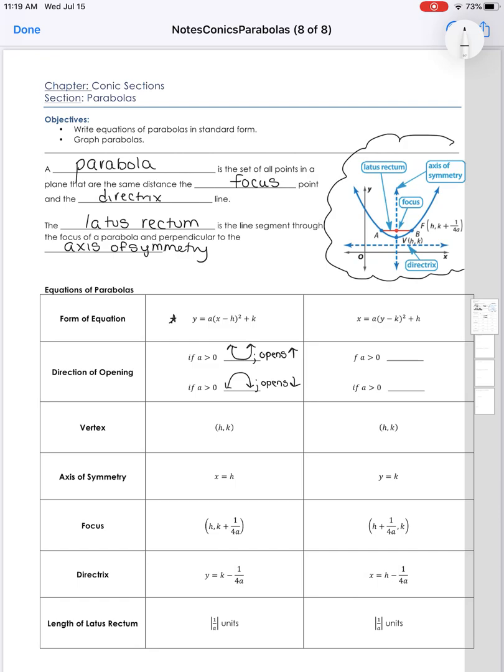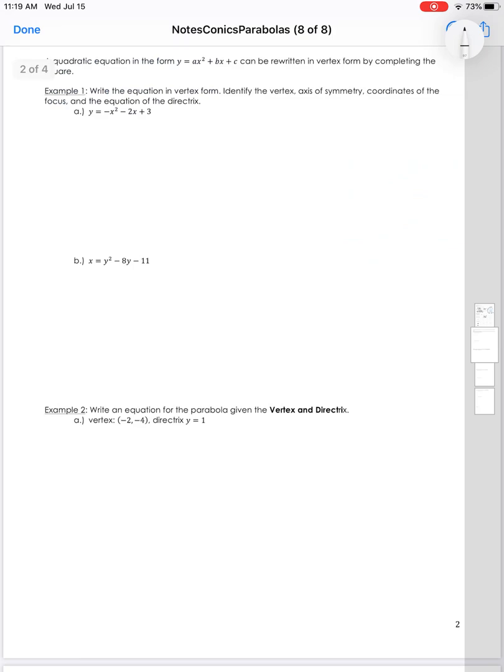And then for k, or the second point, the y value, you're going to do k plus 1 over 4a. And for the directrix, it's the same equation. For the focus, it's just subtraction, and the difference is it's now a line. So keep in mind, a focus is a point, and the directrix is a line. And then honestly, we don't do this, so it's just for formality reasons.